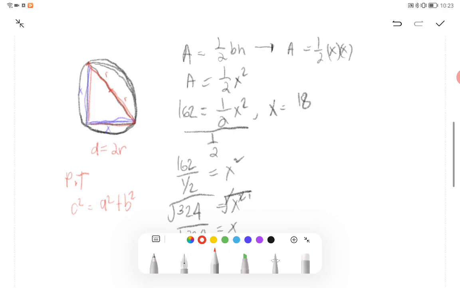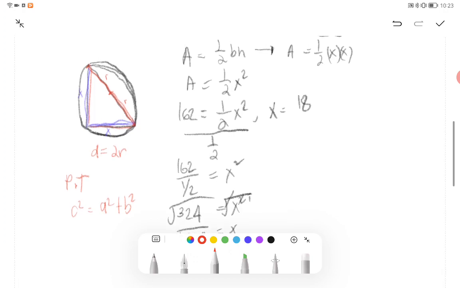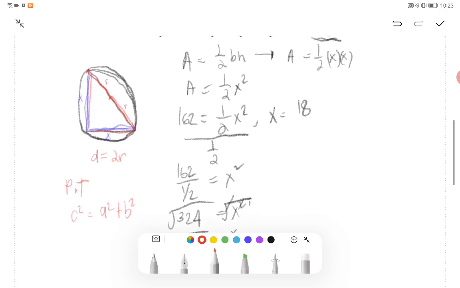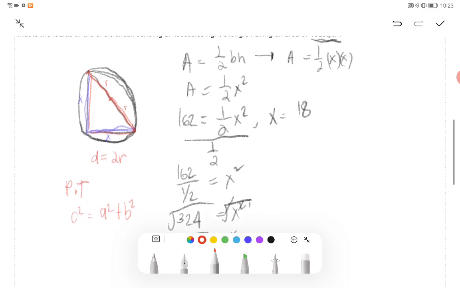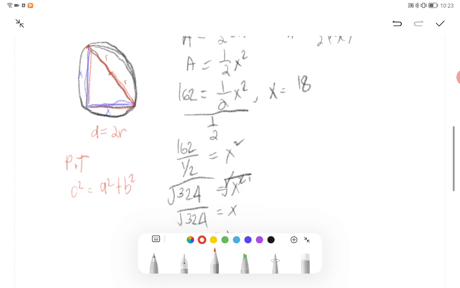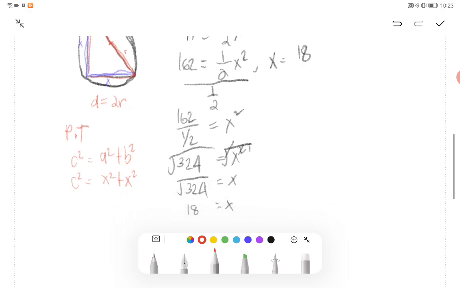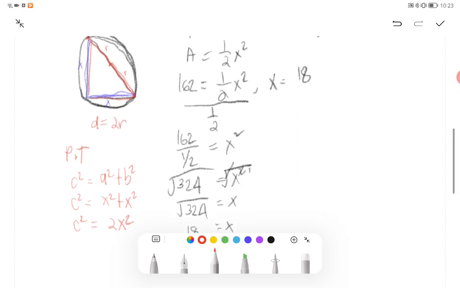As we say here, our a denotes our base and b denotes our height. Since we said earlier that we used x to substitute our base and height, we will have here c squared is equal to x squared plus x squared. So we have 2x squared.